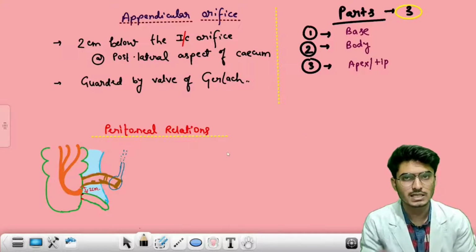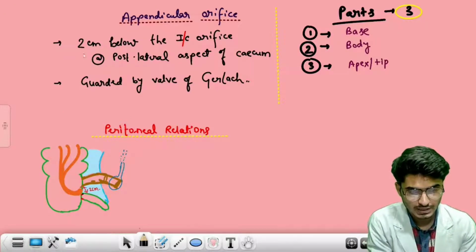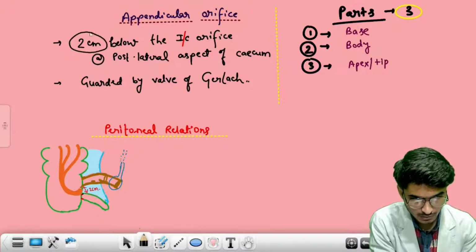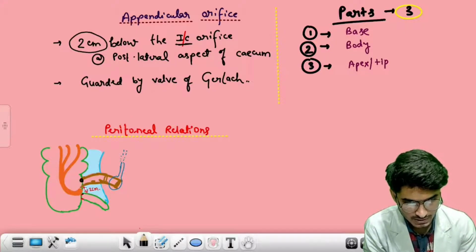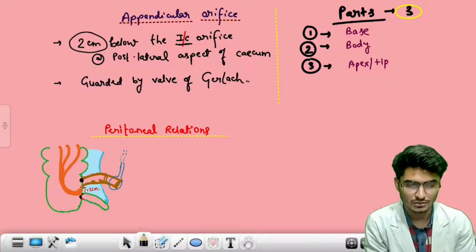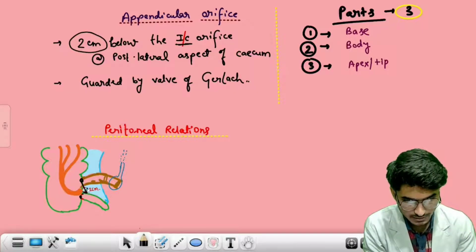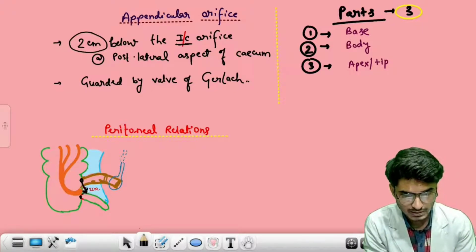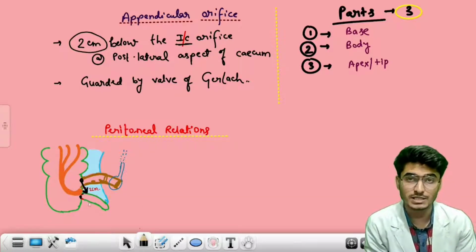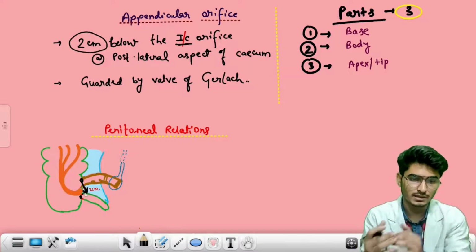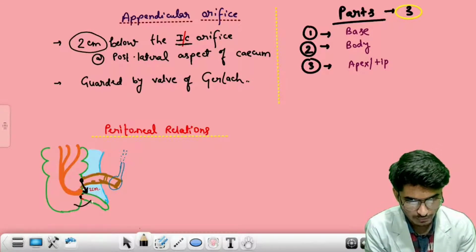So we will discuss the appendicular orifice. It is present 2 centimeters below the ileocecal orifice. That is the ileocecal orifice, and this is the appendicular orifice, 2 centimeters below the ileocecal junction. The appendix is present posteromedial to the cecum.